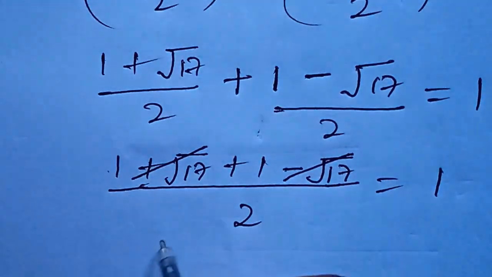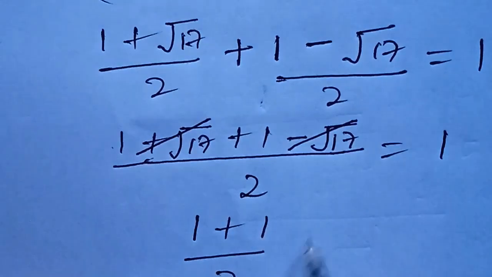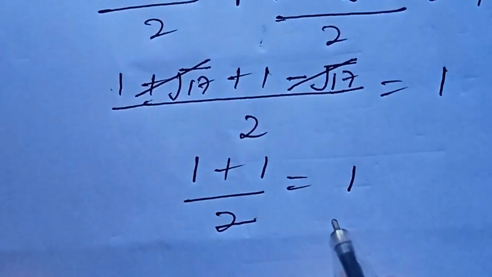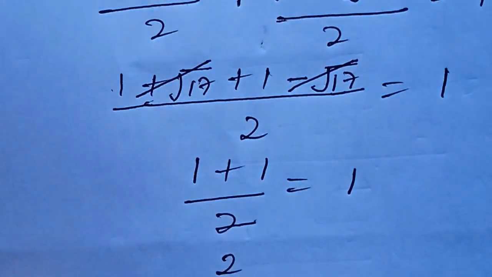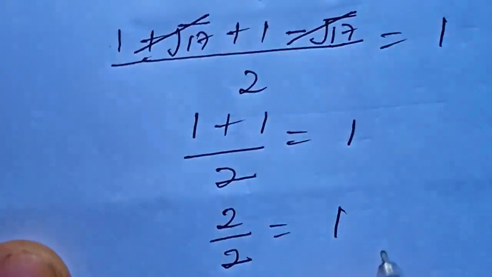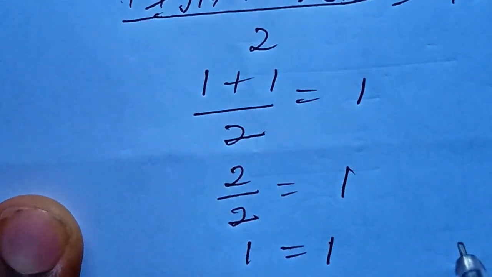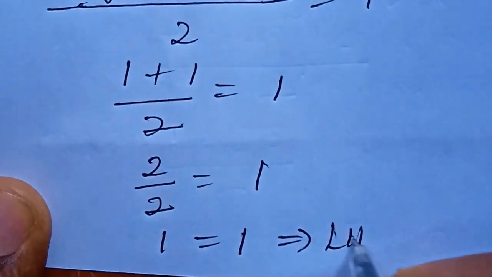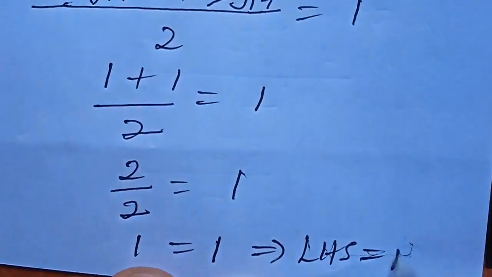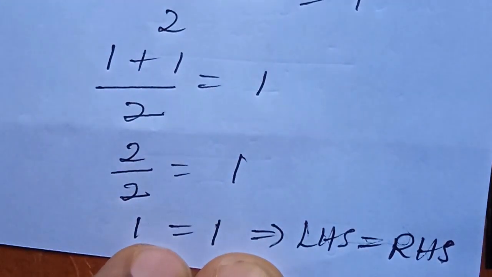We have 1 plus 1 left, so (1 + 1)/2 equal to 1. Are they equal to each other? 1 plus 1 is 2, so 2 over 2 equal to 1. Then 2 divided by 2 is 1, which is equal to 1. So this implies that the left hand side is equal to the right hand side, which concludes the solution to the system.